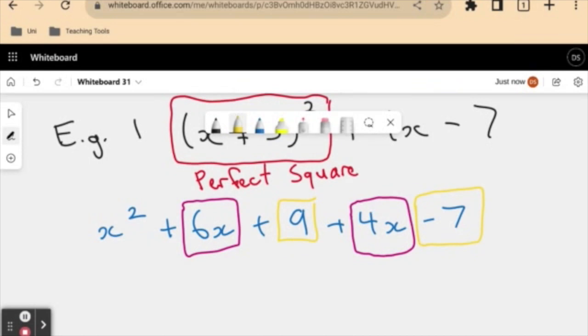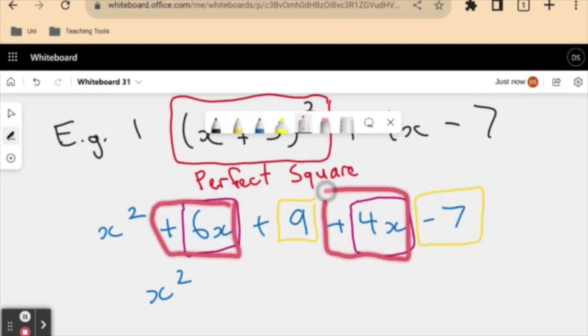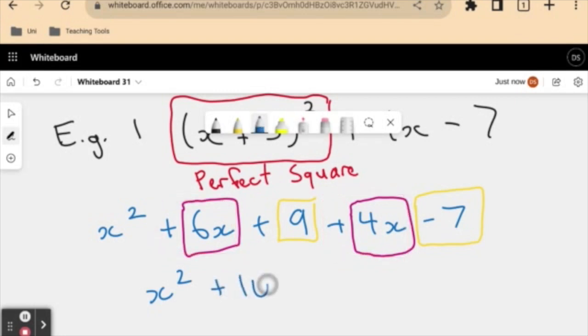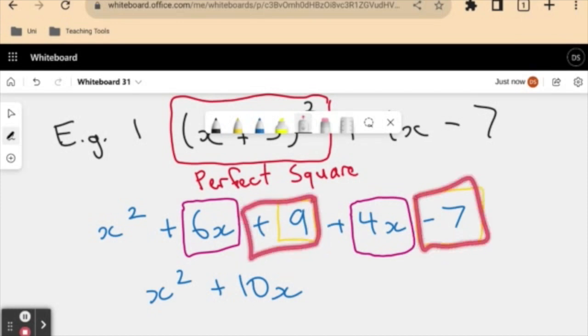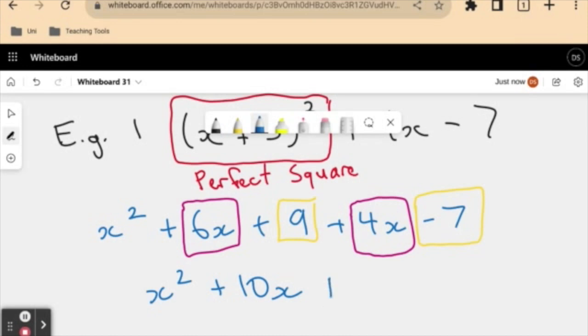So taking all of these like terms, our x squared stays the same, and we have positive 6x plus 4x, so we get 10x here. And we also finally have positive 9, and we're going to subtract 7 from that, so we'll end up with 2 here.